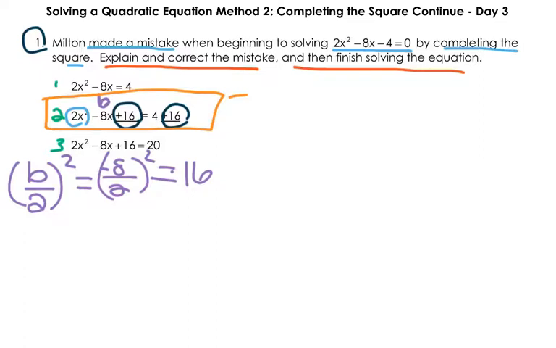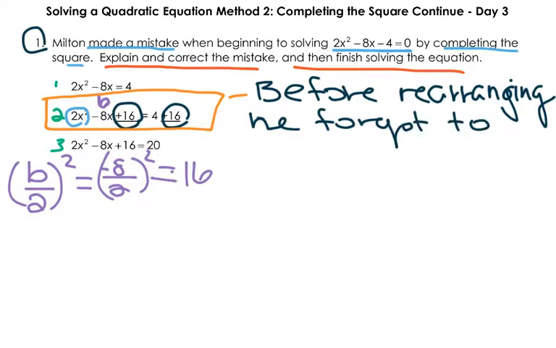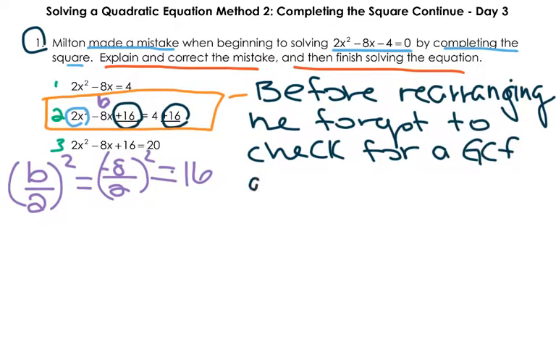And I would say before rearranging, he forgot to check for a GCF and divide out.